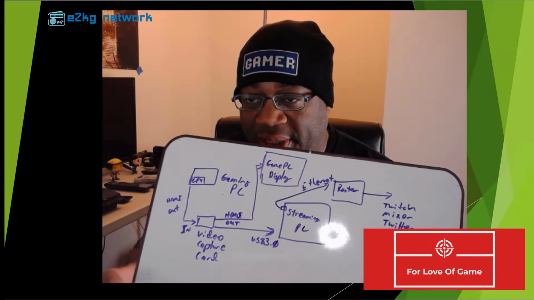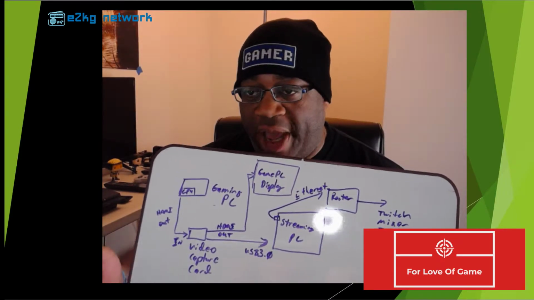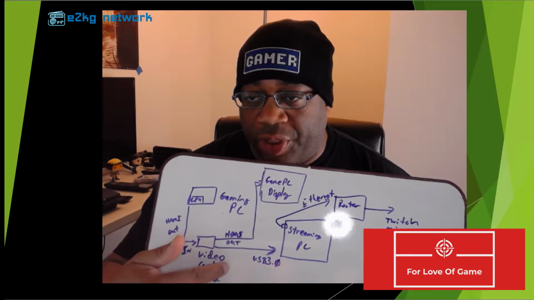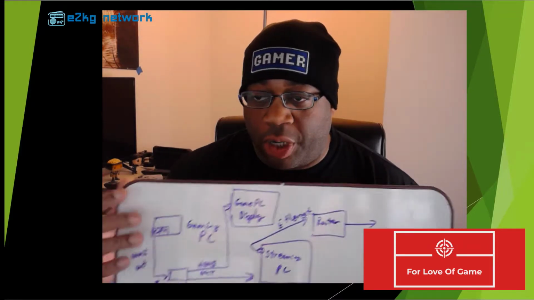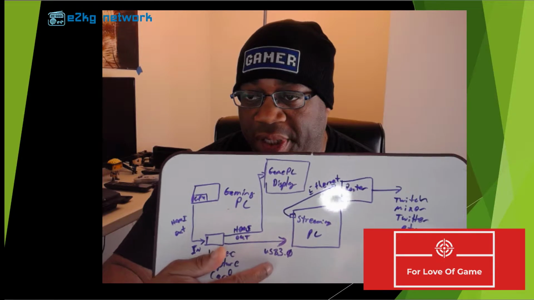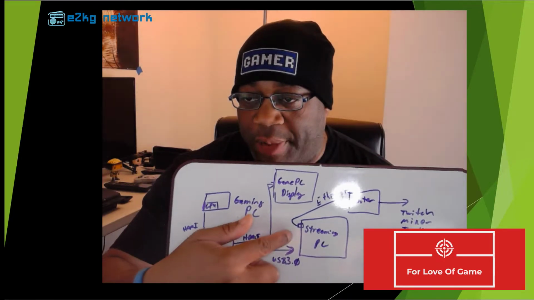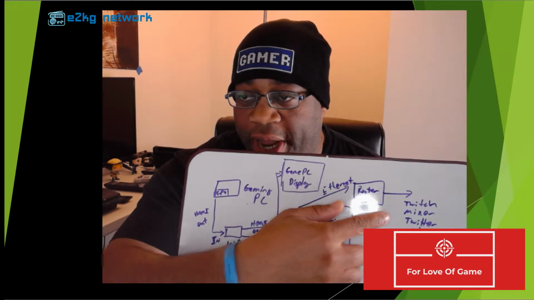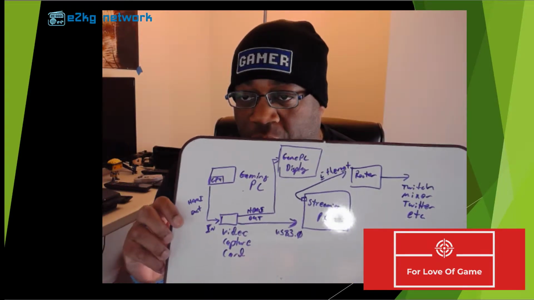So essentially, in that instance, the capture card acts as an HDMI pass-through. Going over to your streaming PC, you're going to come out with this USB 3.0 cable, and go to the streaming PC. And then from the streaming PC, obviously, you'll come out with Ethernet and go out to your router and then out to your platform of choice.